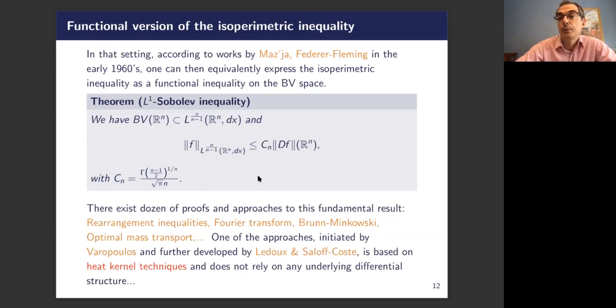The proof was originally developed in the Euclidean space Rn, but the specificity of the Euclidean structure does not play a role in the approach by Varopoulos, Ledoux, and Saloff-Coste. So this approach can be applied as it is to a much larger class of spaces, including the metric spaces I'm going to mention in a few minutes.